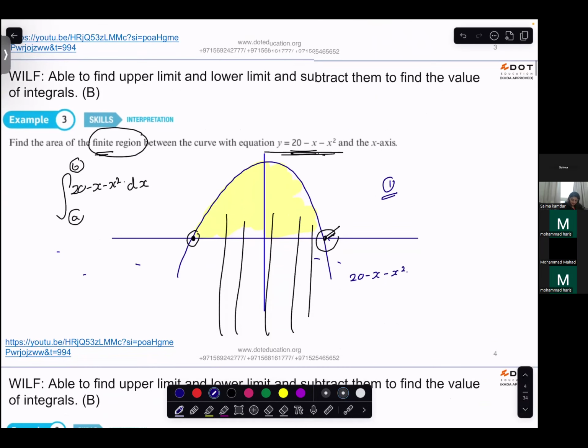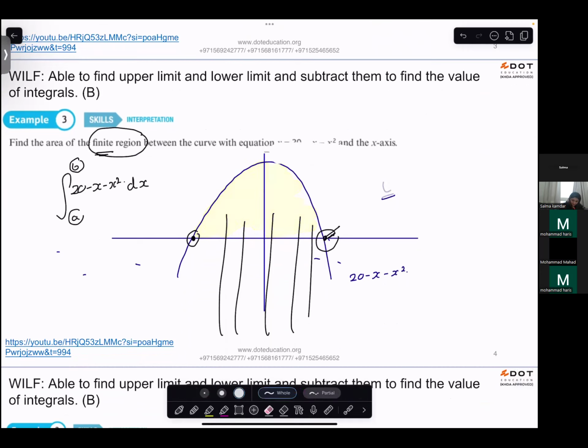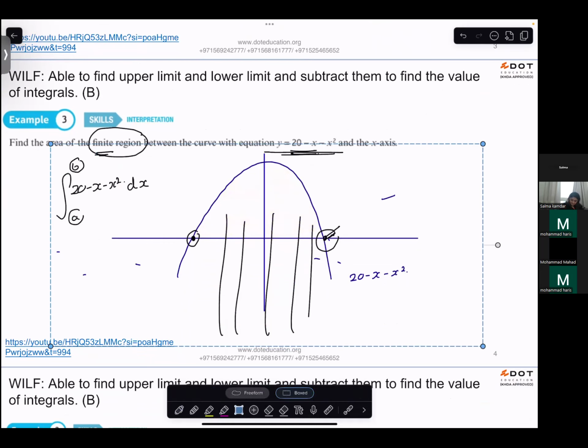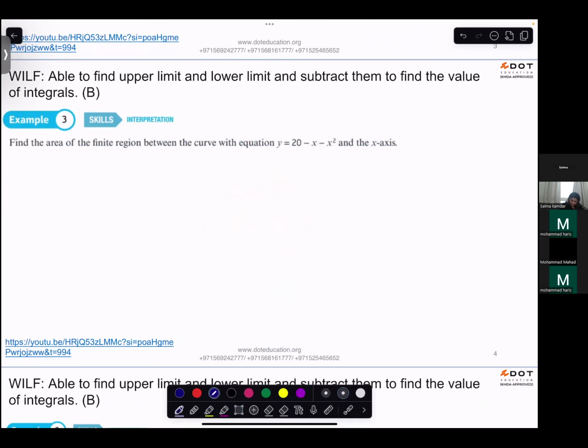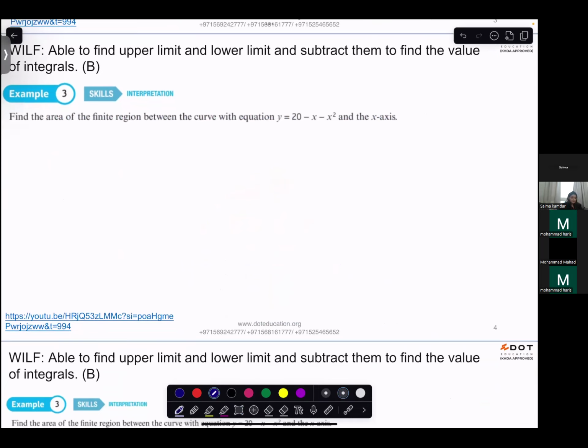Let's try to do it with one example over here. This is our example. Our function is given to us: y is 20 minus x square.